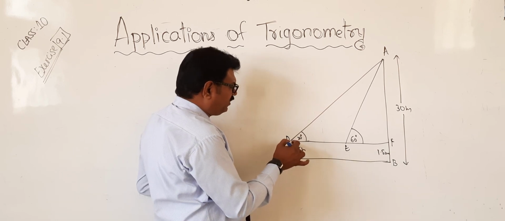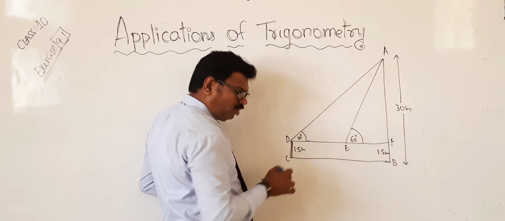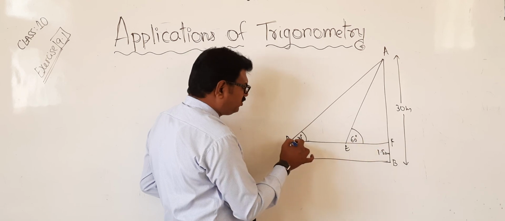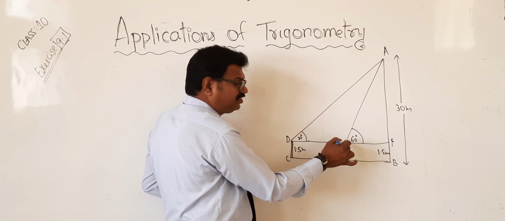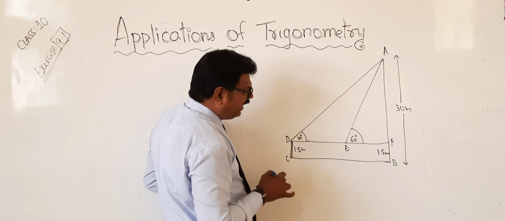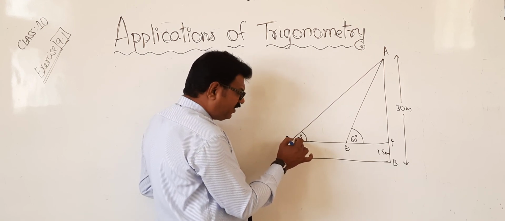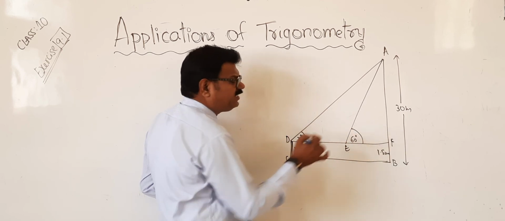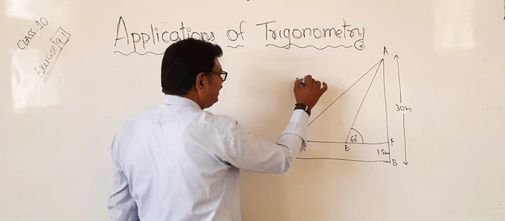After some time, the angle of elevation to the same top of the tower is 60 degrees. That means when he walks towards the tower a certain distance, the angle of elevation becomes 60 degrees. So we should find out how much distance he traveled to increase the angle of elevation from 30 degrees to 60 degrees. That means we should find the distance DE. That's all.